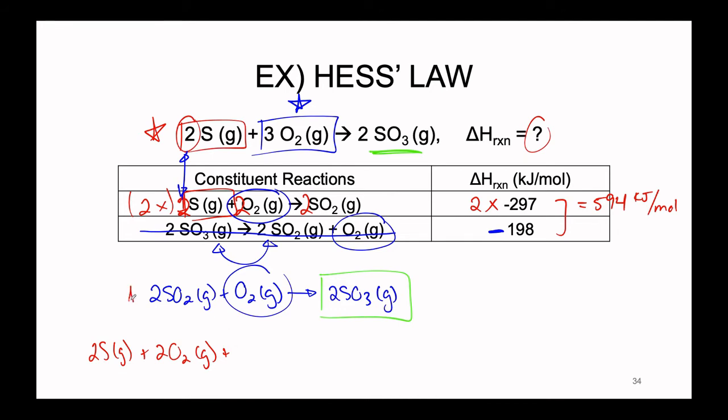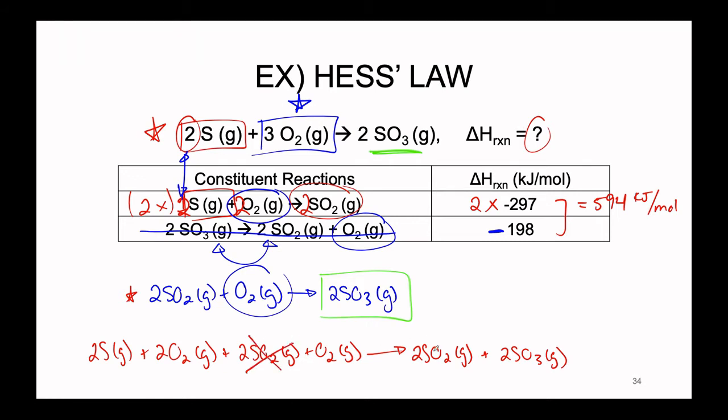Then, again, down here, we have 2 SO2s in gaseous state, which is not present in the overall reaction, but have no fear. For as we start writing out the products of this reaction, we can see the first constituent reaction gives us 2 SO2s in gaseous form. The other product in the second reaction is 2 SO3s in gaseous form. Just like the previous example, we are going to cancel out species that are present on both the left and the right-hand side.